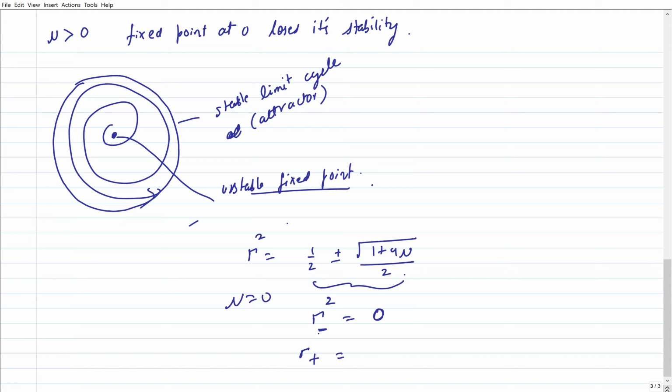It doesn't matter if I am saying the radius of the limit cycle or the square of the radius of the limit cycle, but that essentially is happening. So this was the plus sign, which essentially becomes 1. So this r minus, this attractor vanishes.